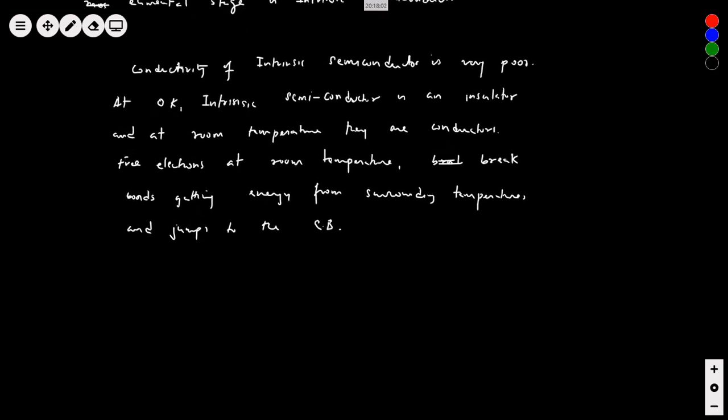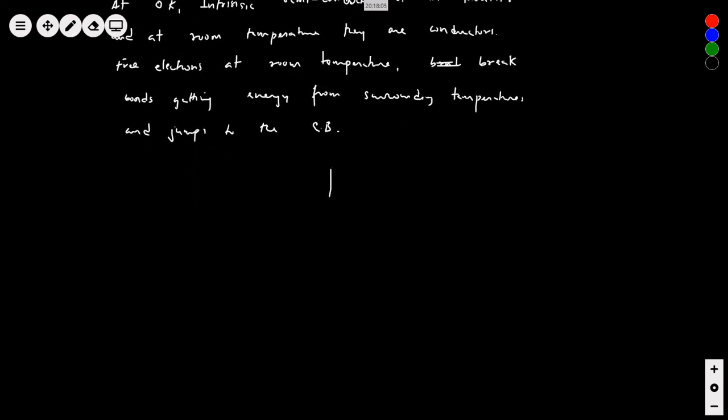We have seen this. So the energy level diagram is exactly what you have done.